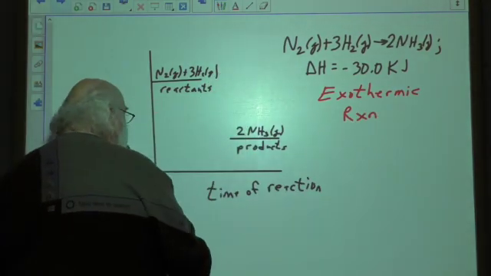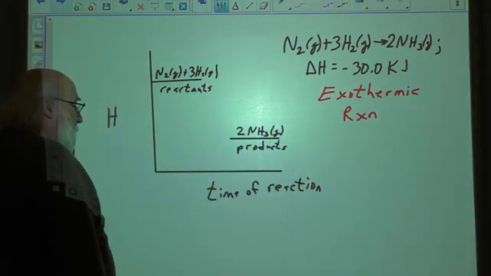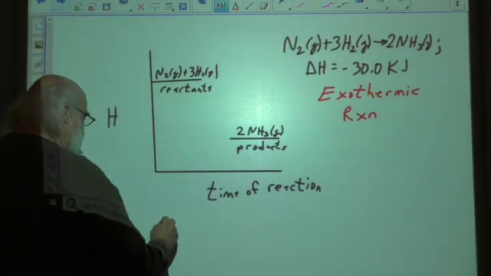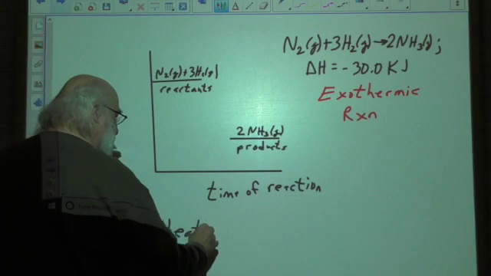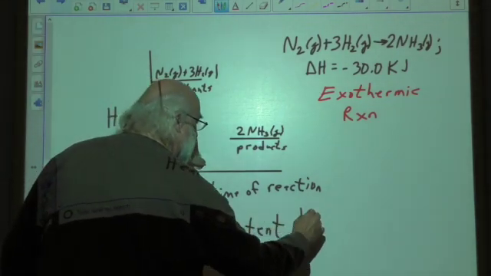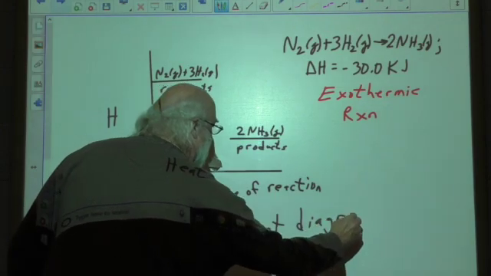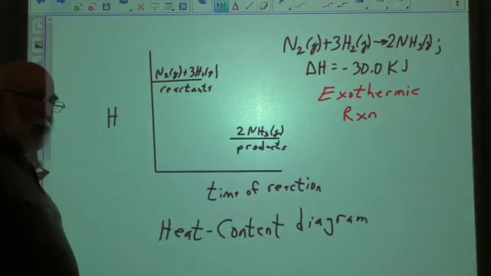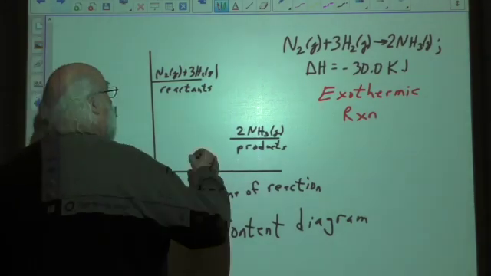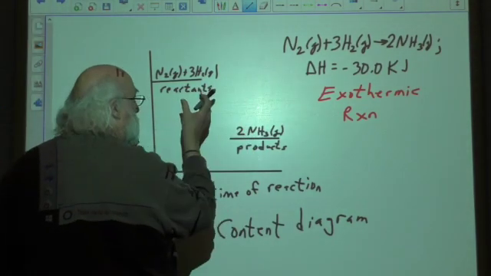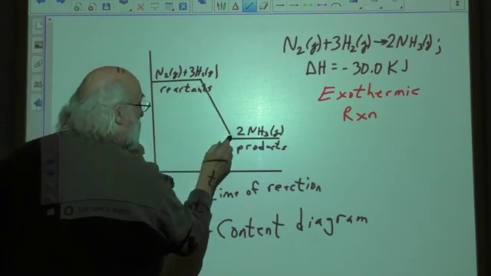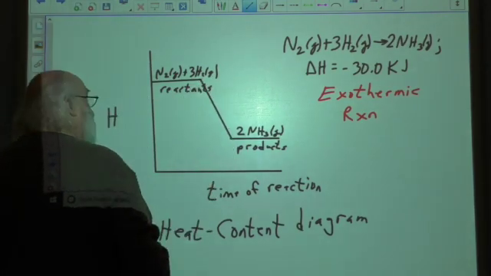Now, this diagram is called a heat content diagram. In Chem 2 you're going to be making some of these, but just follow along on this right now. We can draw a line between the two plateaus that represent the reactants and the products. It looks something like this.